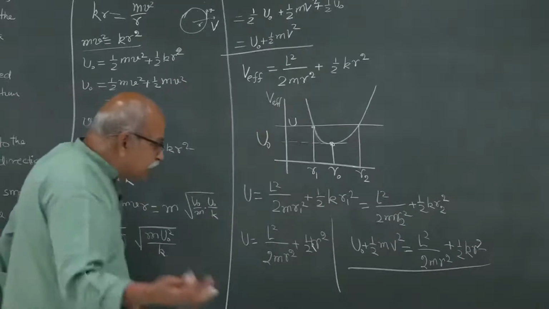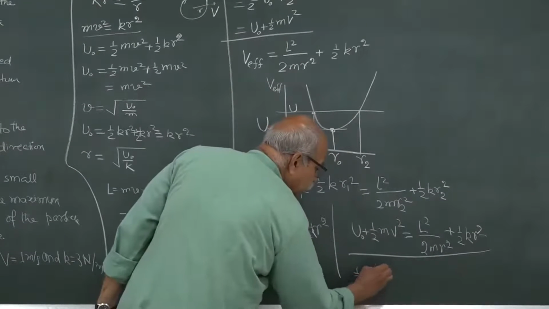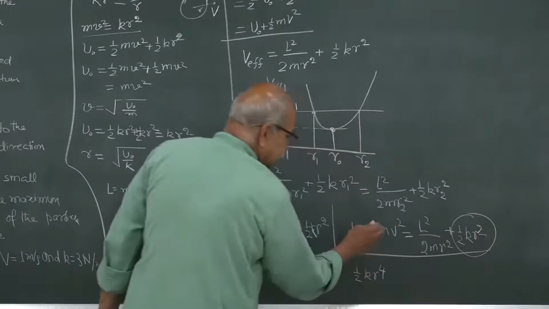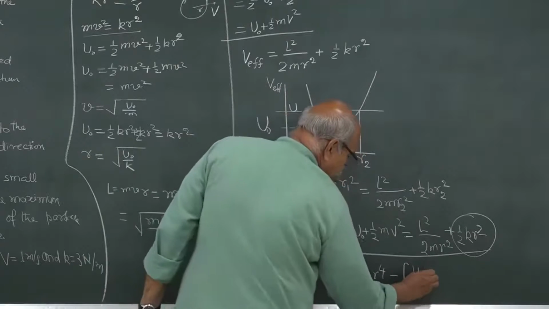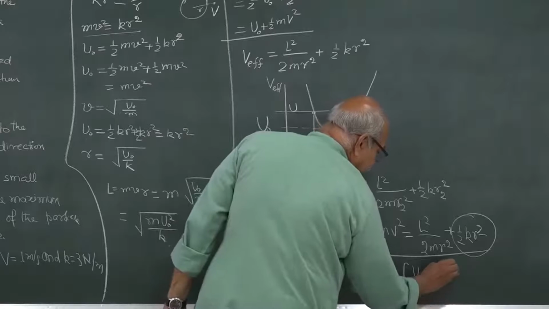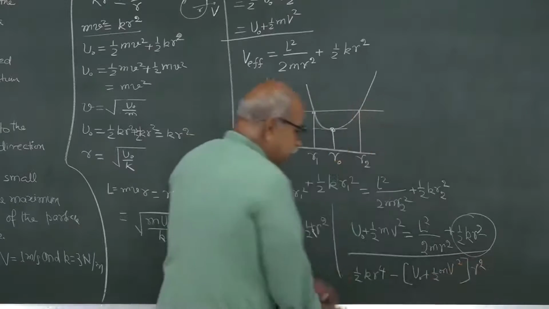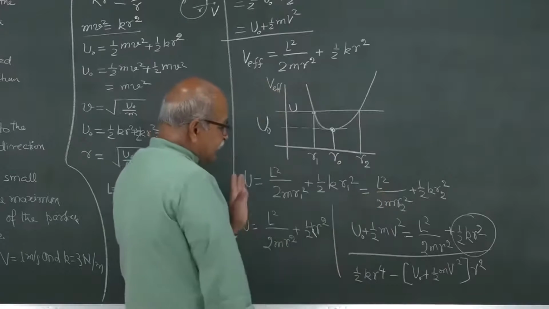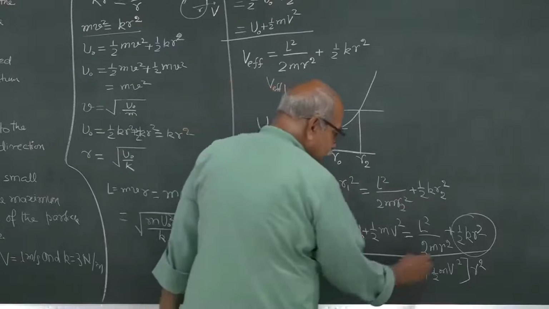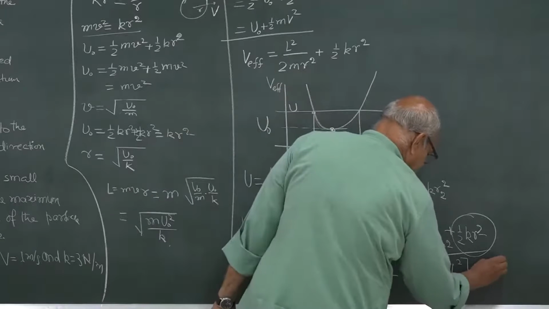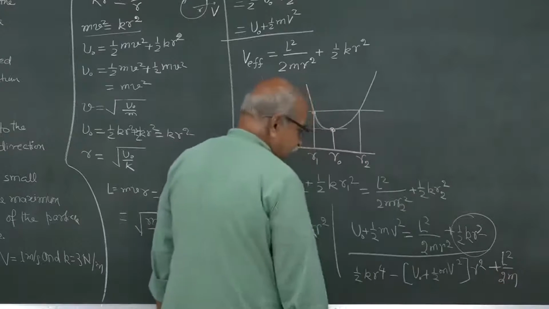So, multiply by r square, if you so wish, you will have half k r to the power 4, this term here, then take this whole thing on that side, it is u naught plus half m capital V square into r square. So, we are multiplying the entire equation by r square and collecting on one side, and then you have this term here plus L square by 2 m is equal to 0.